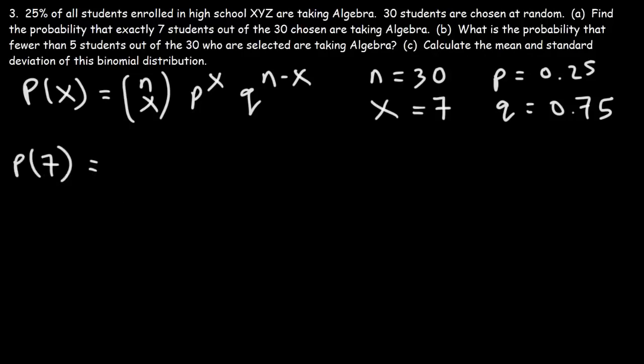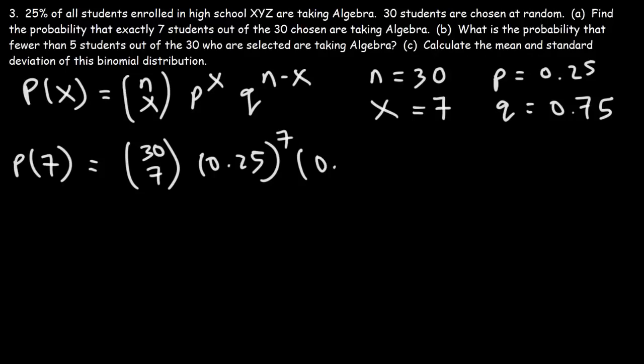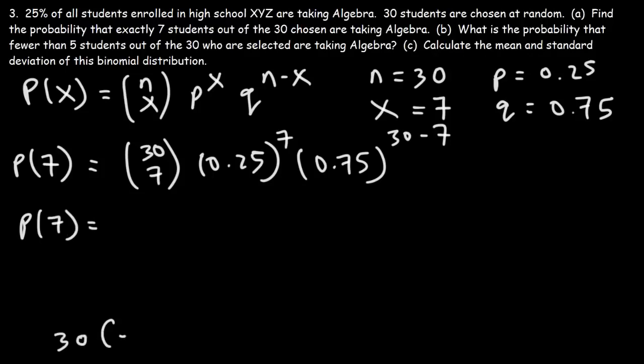So we need to calculate P of 7. So this is going to be 30C7 times 0.25 raised to the 7th power times 0.75 raised to the 30 minus 7 power. So at this point, you know how to use the combination formula to calculate 30C7.